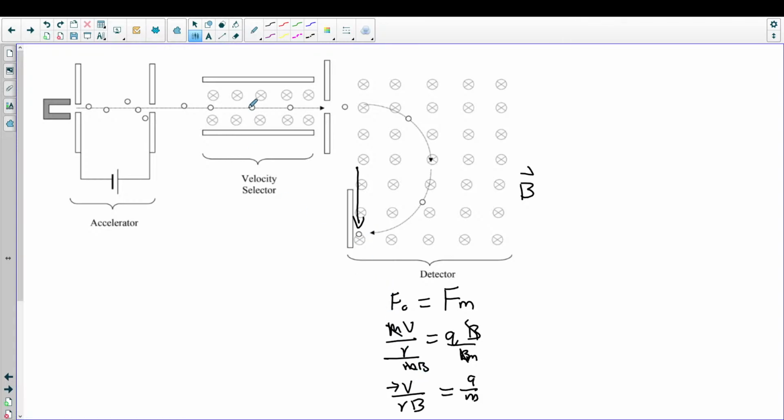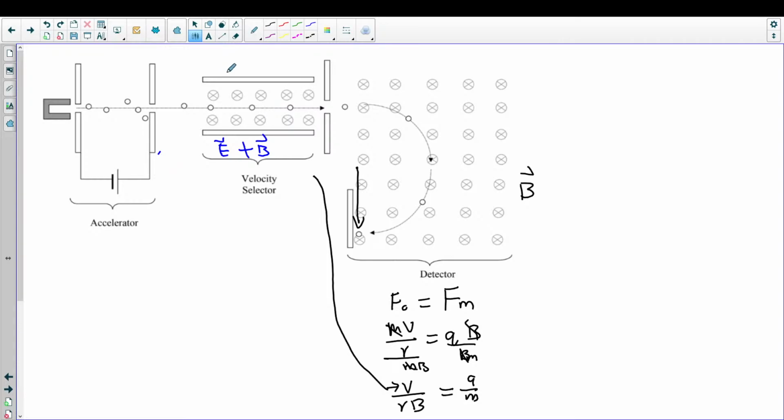Well, that speed came from the velocity selector. Only a specific speed can get through. How does one achieve that? Well, that's actually also a very ingenious combination of both the electric field and the magnetic field. Let's suppose this particle has some charge, positive or negative.